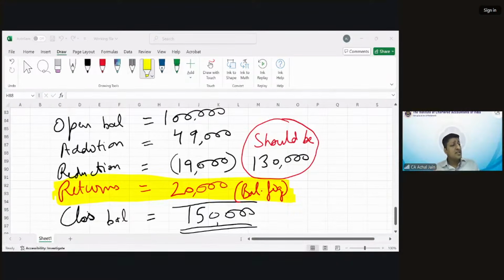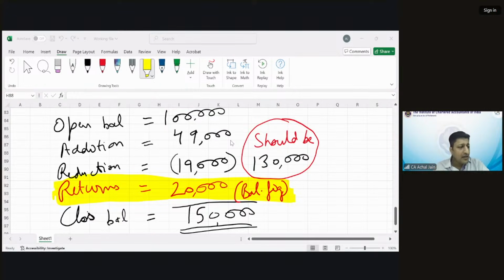Ashlesha is asking, sir, there's a lot of other information in the question. There is an actuarial loss of 600. See, every time it is not necessary that each and every information which is available in the question is relevant. Understood? So just because some information is not used, you should not get confused unnecessarily.